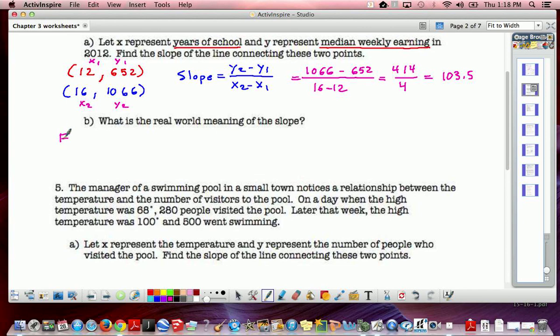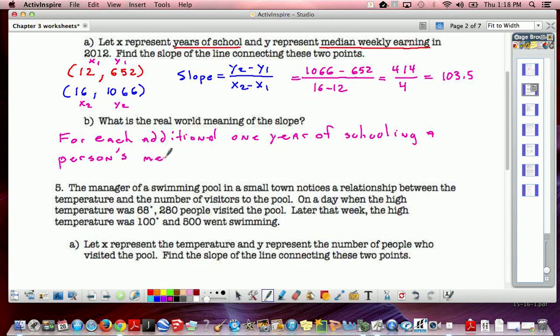So we would write something like this: for each additional 1 year of schooling, a person's median weekly income increases by $103.50.